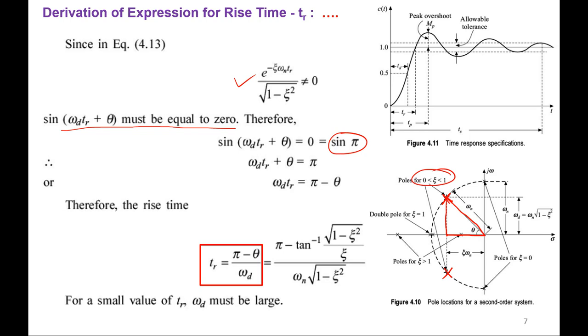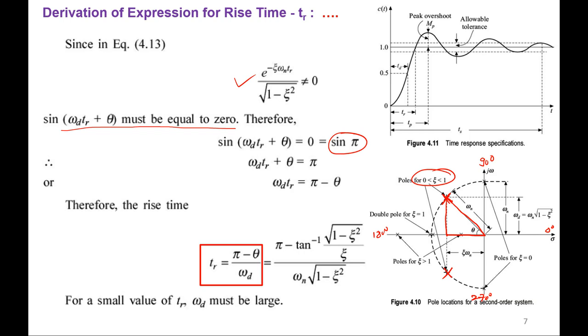You can observe here 0 degree, this is 90 degree, 180 degree, 270 degree. We are measuring the value of theta in the anti-clockwise direction. If I measure the angle in the anti-clockwise direction, it is positive 0, plus 90, plus 180, plus 270 and 360.